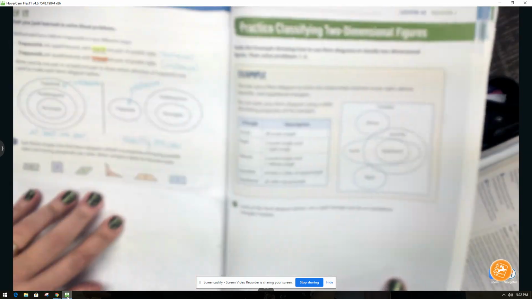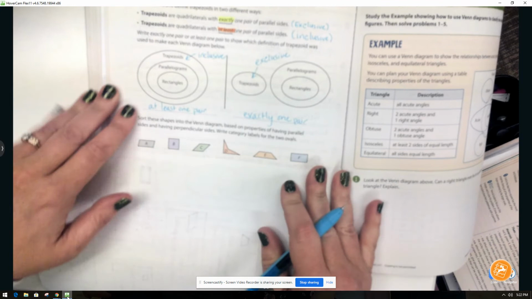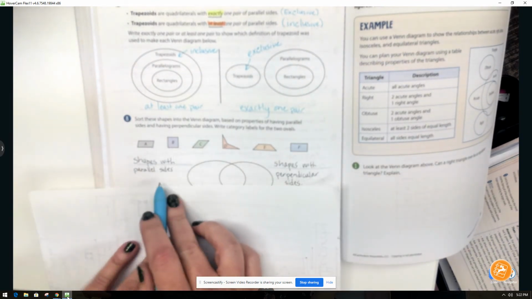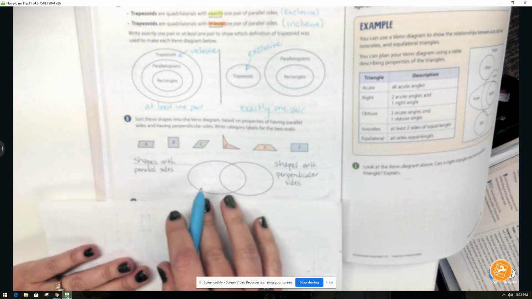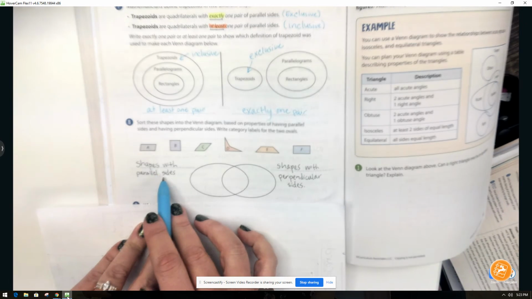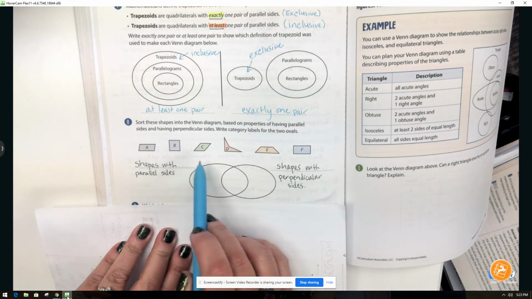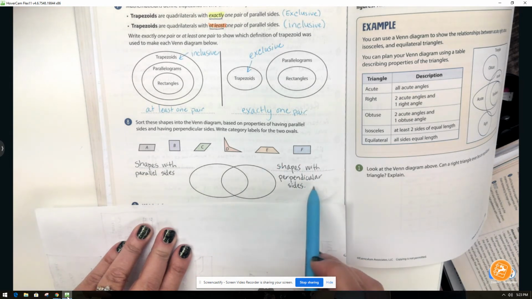Okay? So we're going to look here and we're going to decide which of these shapes, let's get a zoom focused, there we go. So we're going to label the two categories. The category on this side is shapes with parallel sides, and over here on this side is the shape with perpendicular sides.